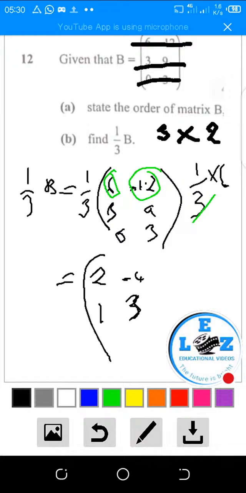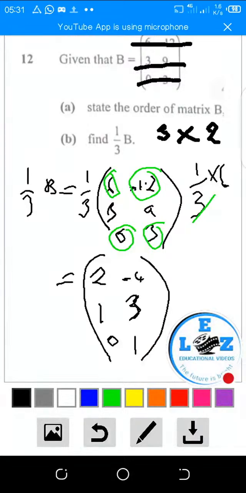Then again we divide 0, this is 0, not 6, by 3. Any number you divide 0 by will give you the answer 0. Then we divide again this 3 by 3, which will give us 1. That is the answer.